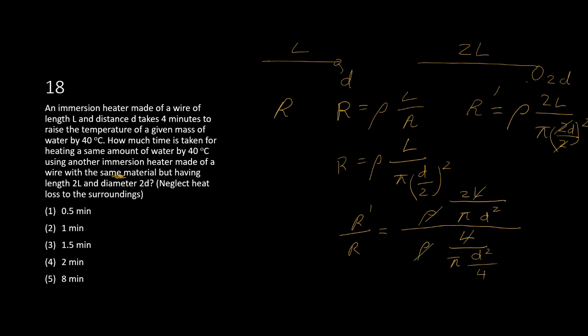So you can simplify this expression and get an answer for R dash as R times half, R over 2, R divided by 2. So the resistance of the wire is halved.